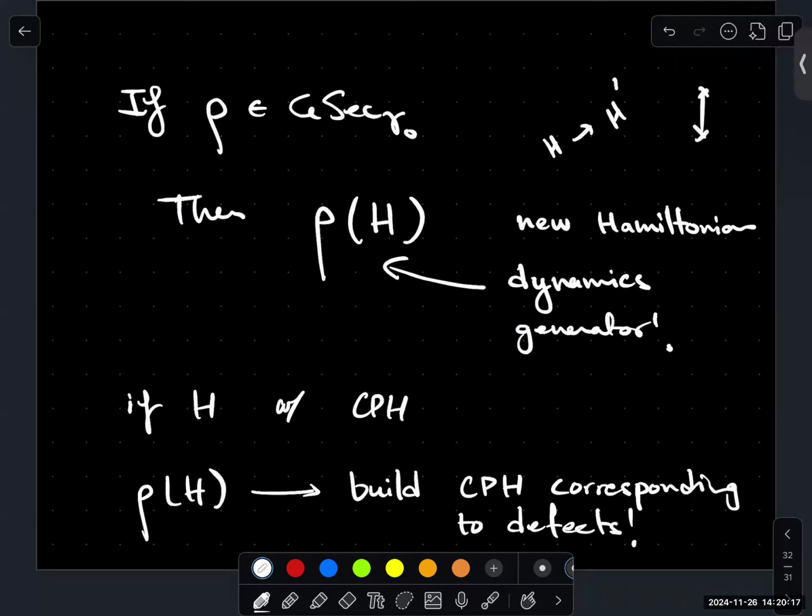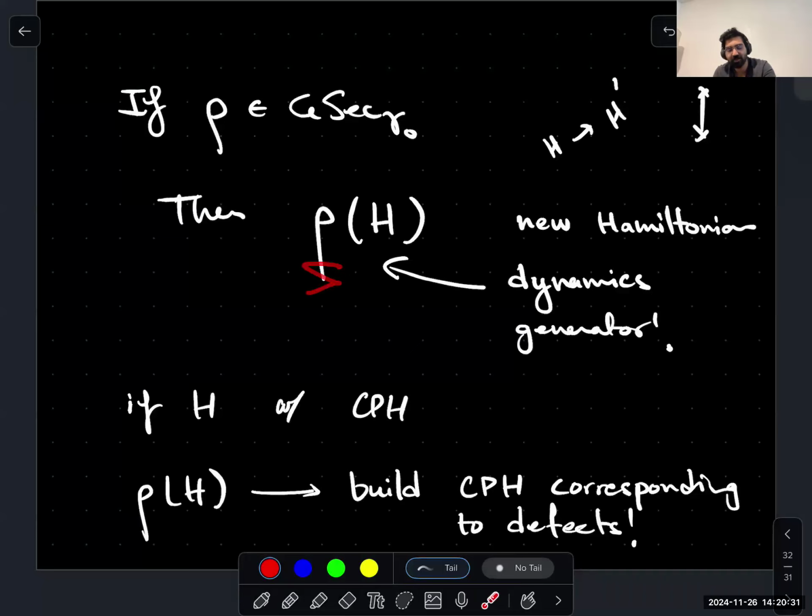Even though the dynamics are unitarily equivalent, they're still different. They're unitarily equivalent, but the unitary is telling you how to go from one to the other. And this rho is not really doing anything in a global sense. It's really just looking at it from a local sense. You're just sending this thing off to infinity, and that's all it's doing. It's not doing anything complicated.